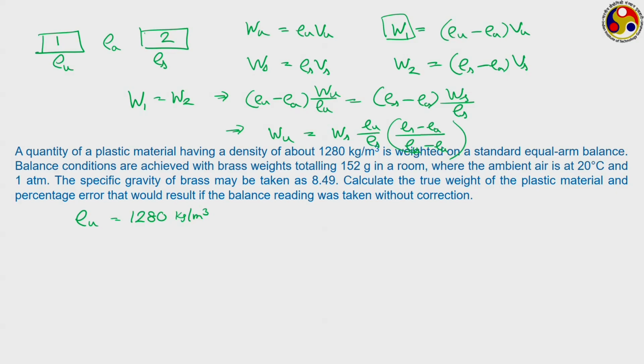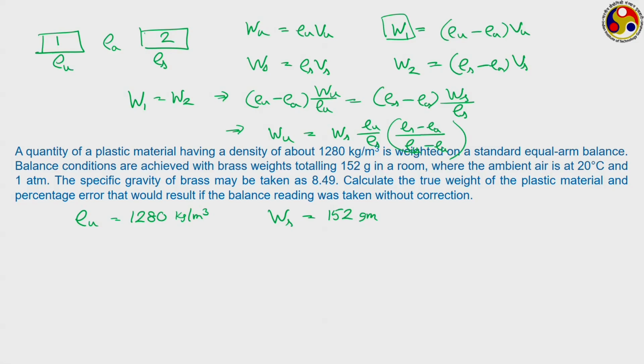So which weight are we talking about here? What is this 152 gram? W u, W s, W1 or W2? This is actually W2. I should say this is actually equal to W s. This is 152 gram, so 152 gram of mass that you have provided in the other arm.